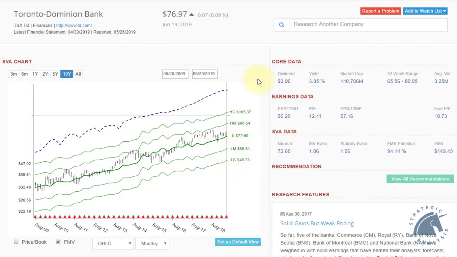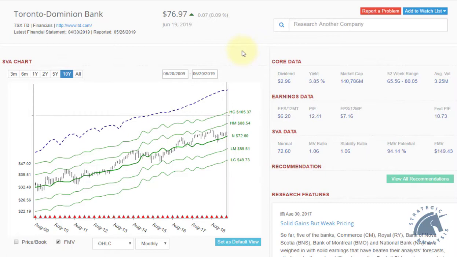One of the peculiar things that we have noticed over many years is that the banks, the Canadian banks in particular, never seem to get up to their fair market value. In a sense, I don't know why that is the case, but in another sense, I do.